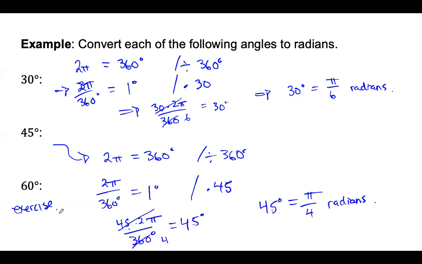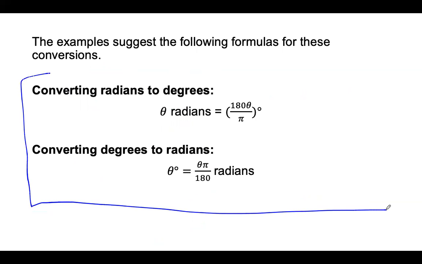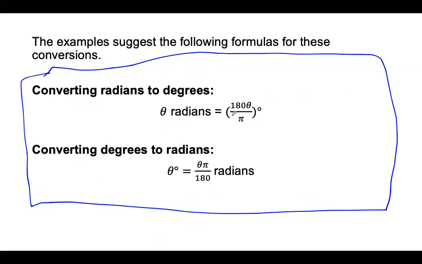Now, I just worked it out using the definition and using logic essentially. I try not to remember too much. But there are formulas for converting radians to degrees or degrees to radians. We can take 180 times our radian measure divided by pi, and that will give us our degrees.